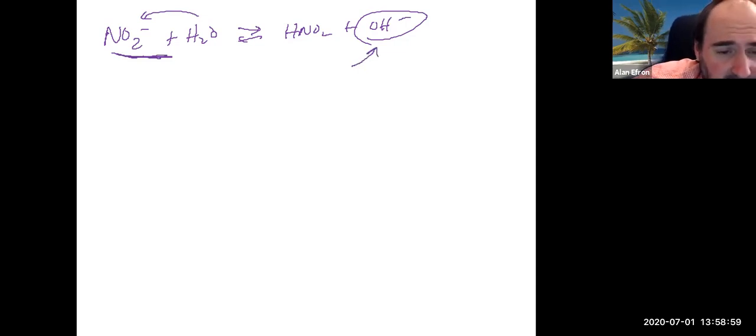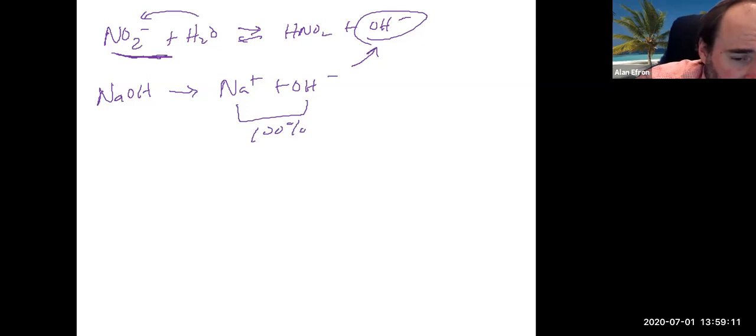And that's different than what we also have in there at that point, which is sodium hydroxide, which once it goes for a swim is going to 100% break apart into these ions, which means when you're comparing the two, because sodium hydroxide is a strong base, it is going to be probably the major contributor of hydroxide in that solution at that point.